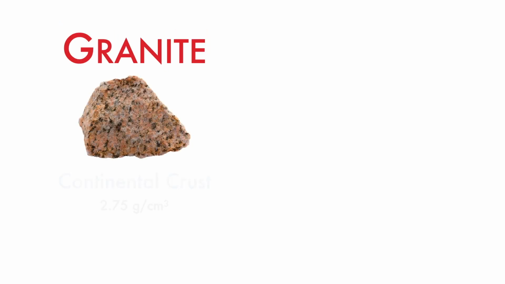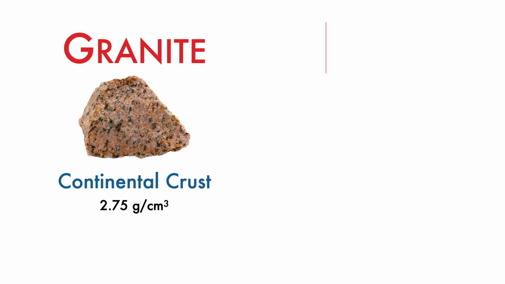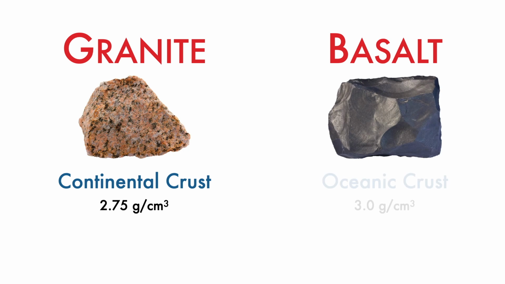Bear in mind that Earth's tectonic plates may be comprised of more than one type of crust. Recall that in a prior video we learned that the Earth's crust is made of 2 main types of igneous rock, granite and basalt. Remember that continental crust is made primarily of granite, which has a density of about 2.75 grams per cubic centimeter. Oceanic crust, made mostly of basalt, is denser at about 3 grams per cubic centimeter.